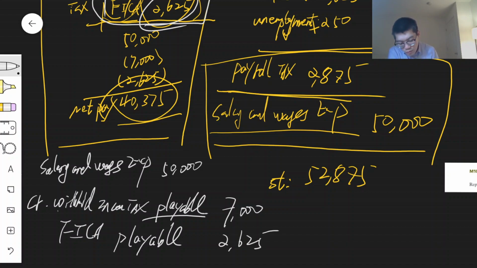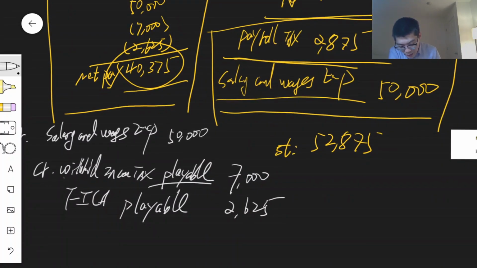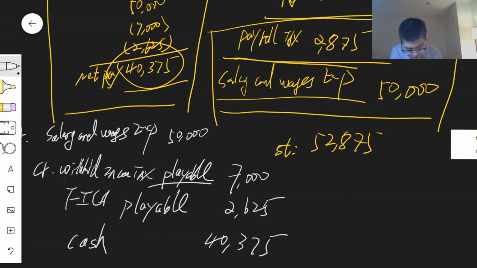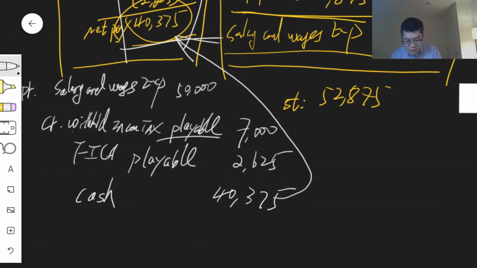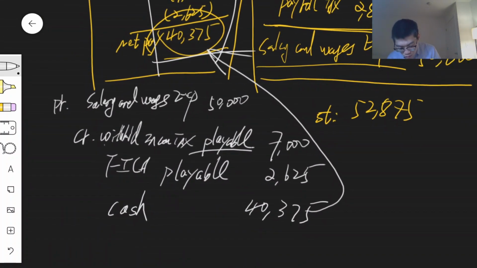Those will be paid off in the future. Besides all these payables, we do pay employees something with cash. That is their net payment, which is $40,375, and it comes from this calculation.